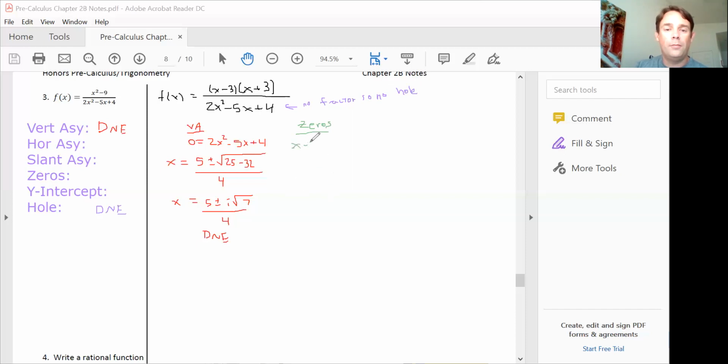I have x minus 3 and I have x plus 3, so I'm going to have 2 zeros. x equals 3 and x equals -3. That was a horrible positive 3 there, wasn't that, friends? I'm telling you, I sometimes struggle with my 3s. There we go. All right. So zeros, I got 2 of them, x equals 3 and x equals -3.